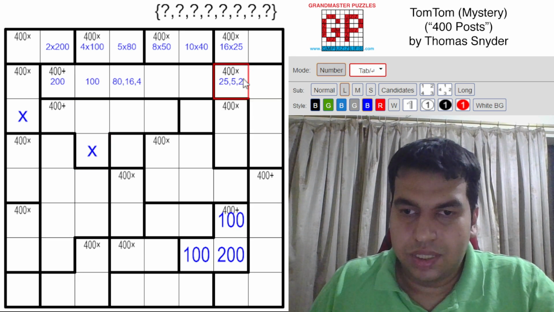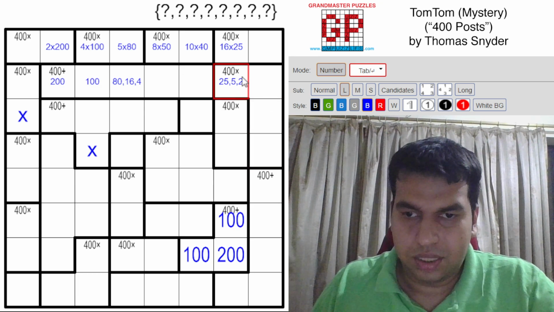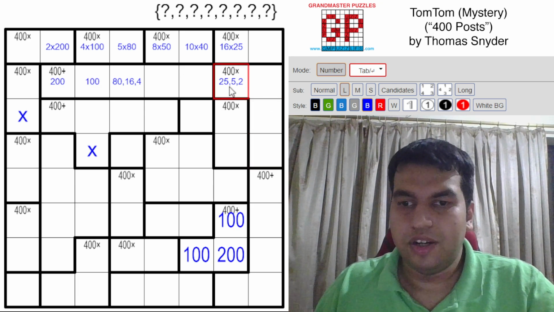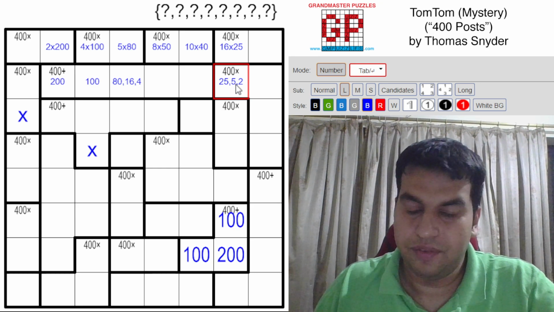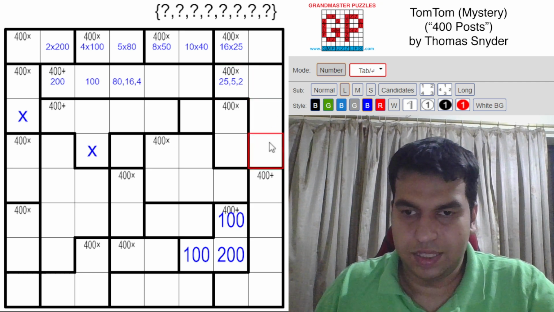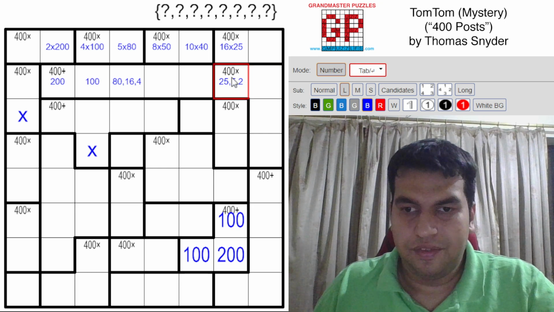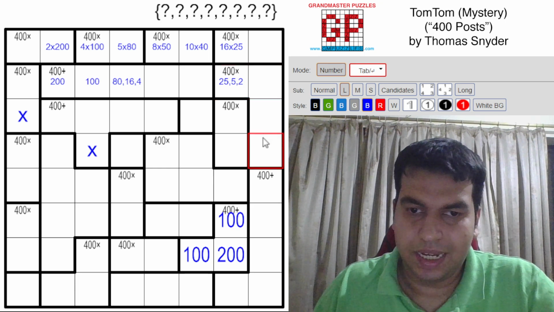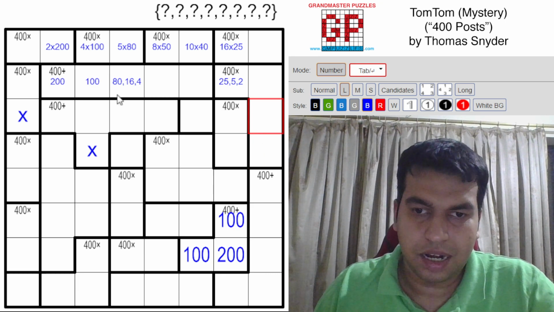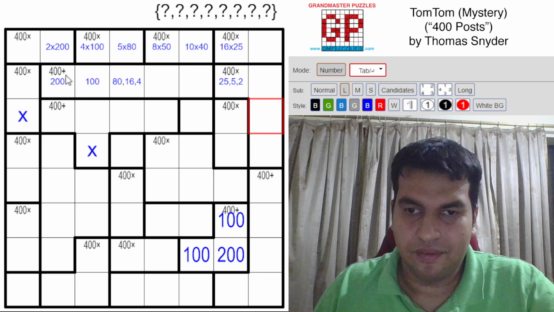Now I'll get back to this 400 product, and I see that if it's 5 into 25, I know that two of these numbers are used. So if it's 5 into 25, that makes it 125, which makes it impossible to fill these two cells. If it's 2 into 5, that's 10, and the remaining needed is 40. And again, I can't make 40 with any of the numbers I have with me.